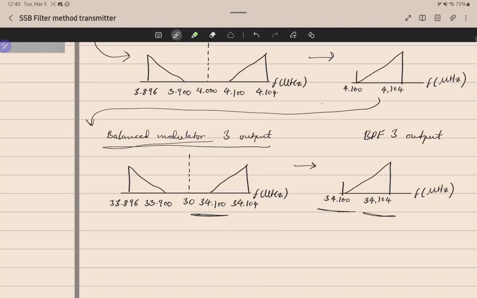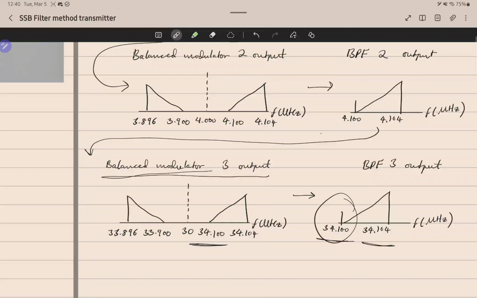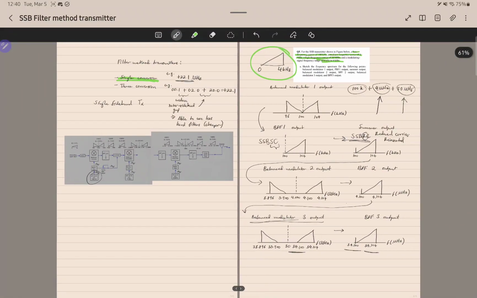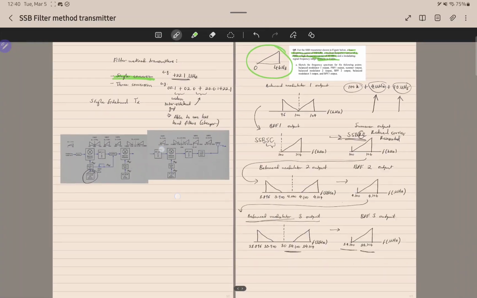Again, we've gone through why that is advantageous. So again, at BPF3 output, you ignore this thing. Just take this one, but don't forget your reduced carrier frequency here, right? Okay, that's a short line. So that's it. We've gone through all the 3 conversion circuits already.